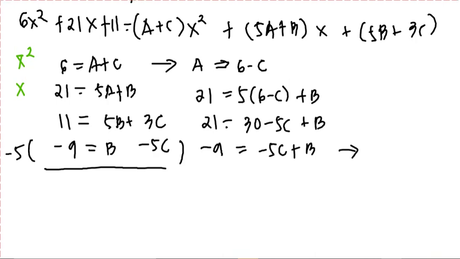So, kung multiply by 5, we have 11 times negative 9 is 45 is equal to negative 5b. So, negative 5 times negative 5 is plus 25c.